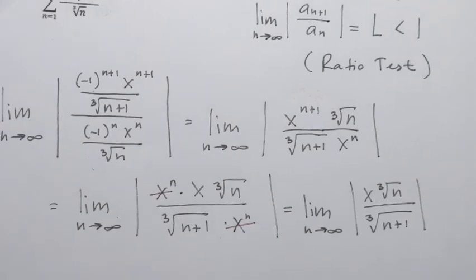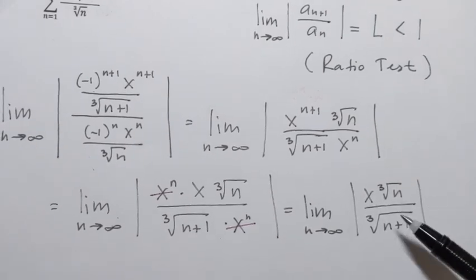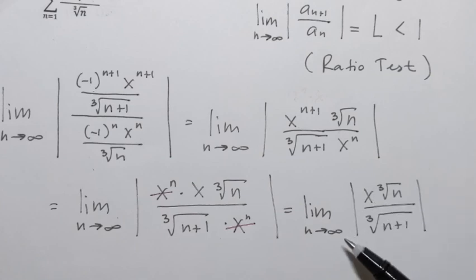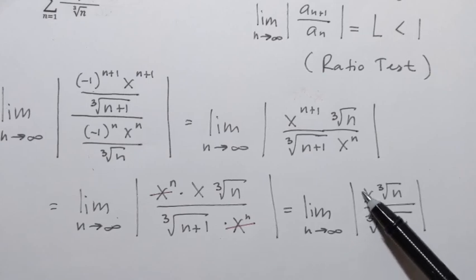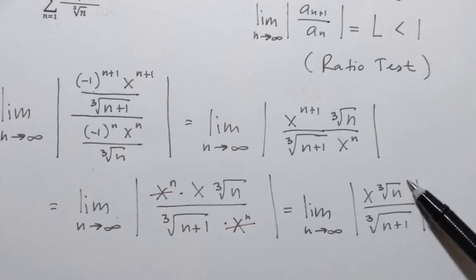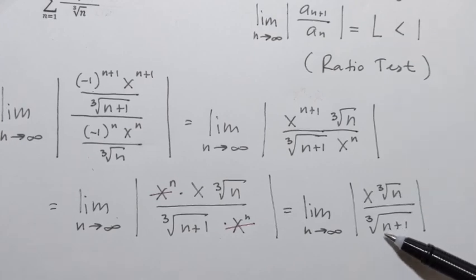Now, how do we find the limit of this expression? Well, there are two variables, n and x. But keep in mind that we're finding the limit here with respect to n only, so it's only n approaching infinity. And that means that x can be treated as a constant in this case. So if I ignore x and only look at the expression involving n, what can I say about its limit? Well, I can see that the degree of the numerator is the same as the degree of the denominator, right?